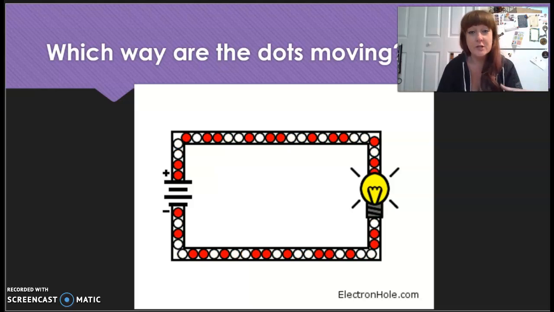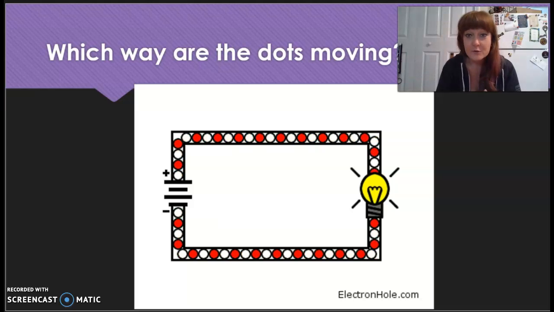Now, I didn't tell you which color dots. So electric current is a really interesting thing. If you follow these red dots, the red dots appear that they're moving counterclockwise. So those would represent our electrons in our circuit. Electrons will flow around from the negative terminal of the battery around to the positive terminal of the battery.